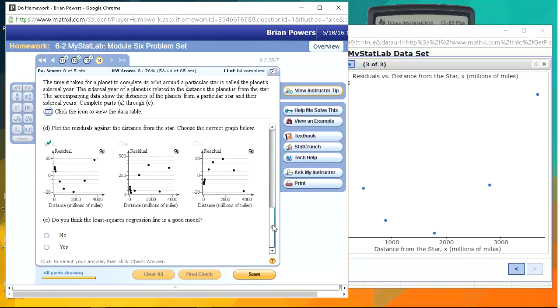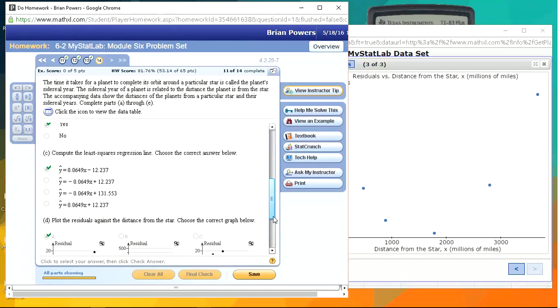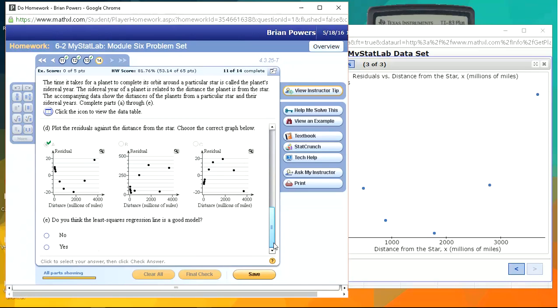The correlation coefficient is really, really high, but part of it is because the data is so spread out. I would say because you have this shape, a linear relationship is not actually going to be the best model. I'm going to say no.